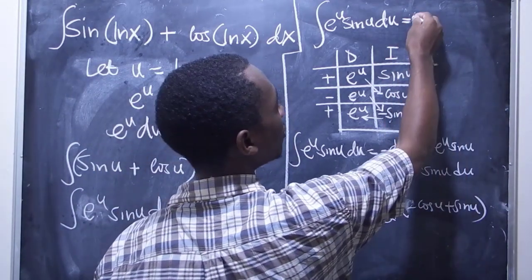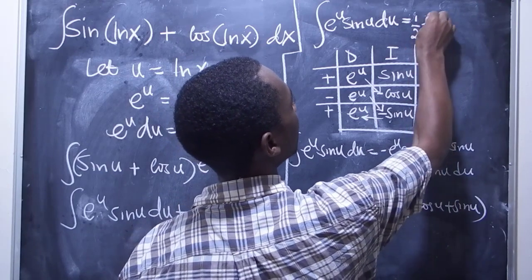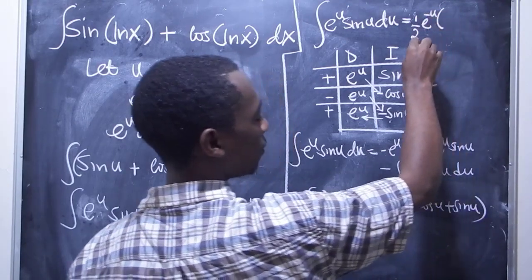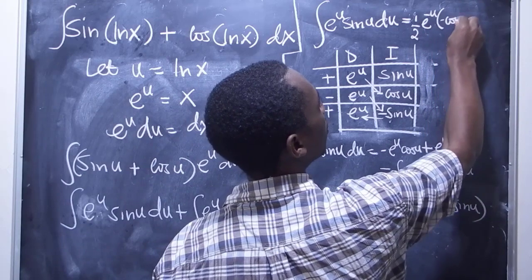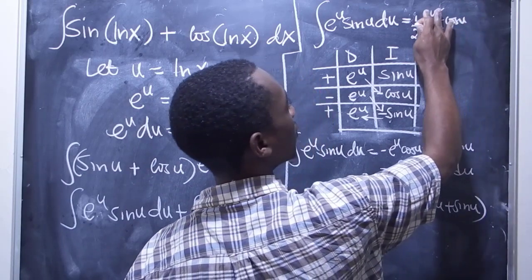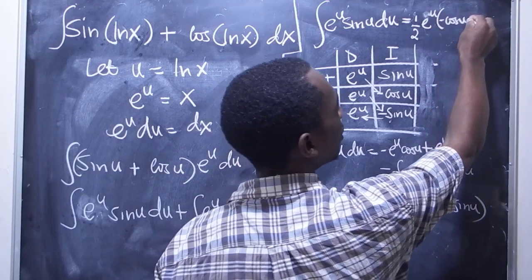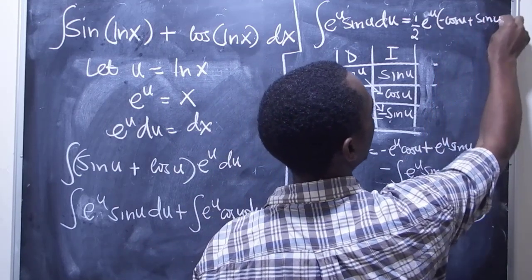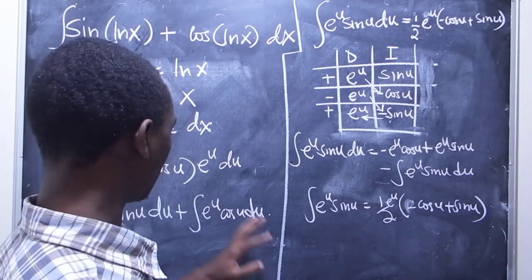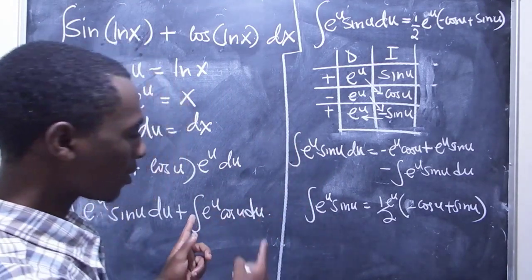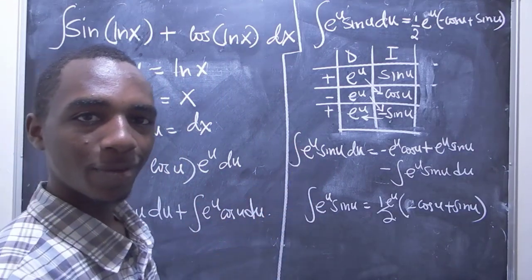I'll just come back to it. So that's a half e to the u, negative cos u plus sine u. Alright, so let me clear this up and then I solve the second integral and we'll put them together.